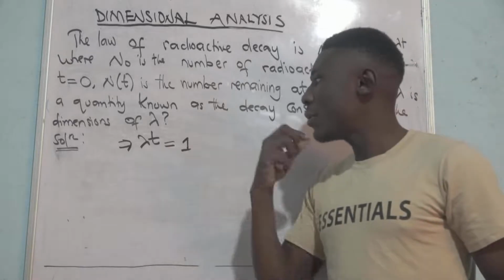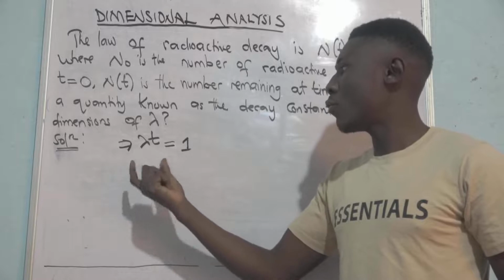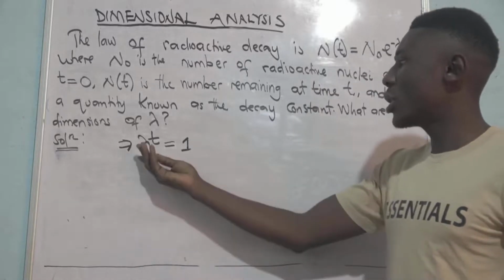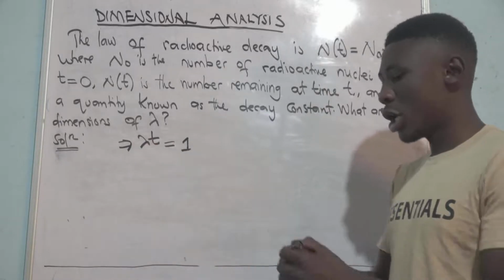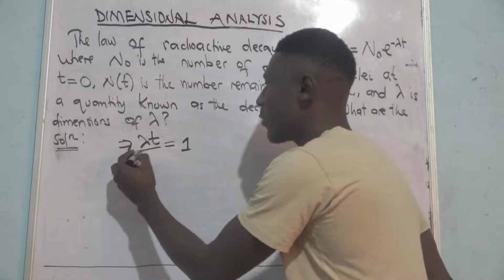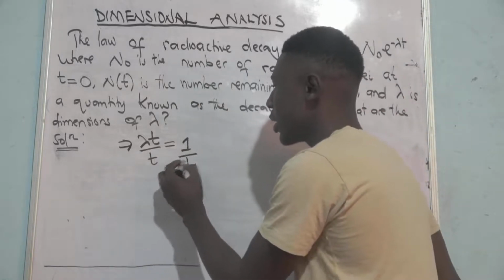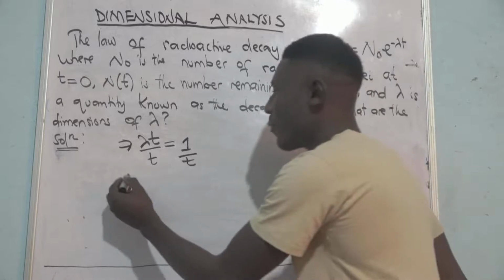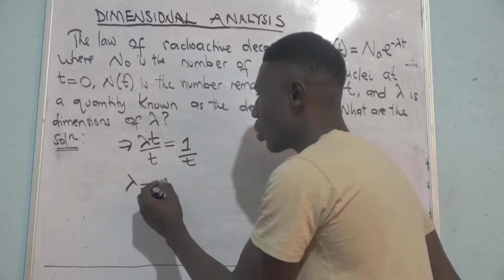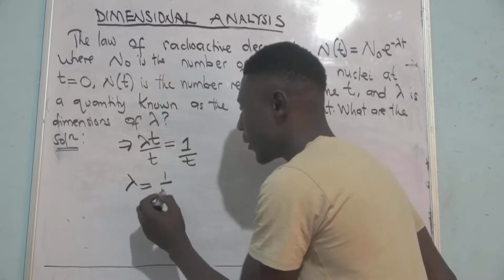Now our main aim is finding the dimensions of lambda. Since the product of lambda and t is equal to 1, to find lambda we divide by t, meaning that lambda is equal to 1 over t.